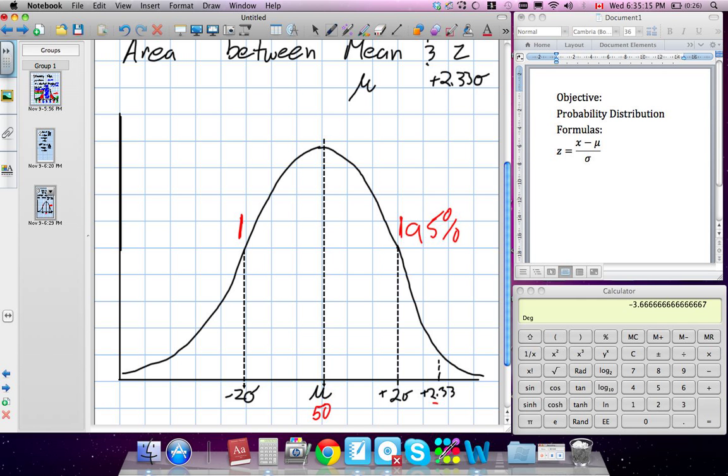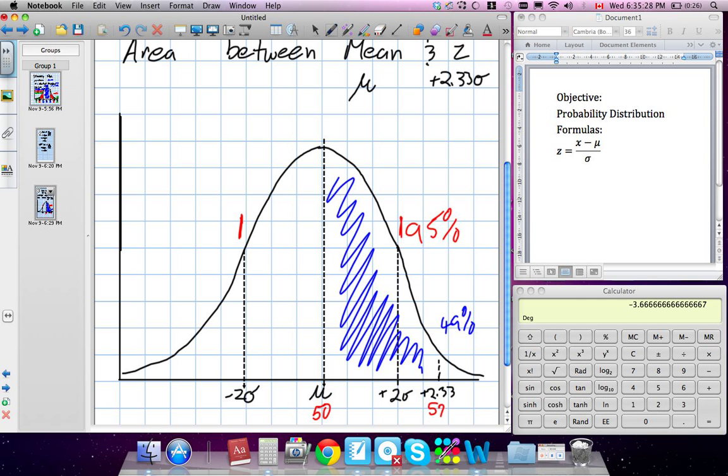I'm going to blow that one up. Okay, so again with what we were saying before, let's redraw our chart quickly. So we have our chart, and we know that our mean falls right in the middle, and it was the number 50.